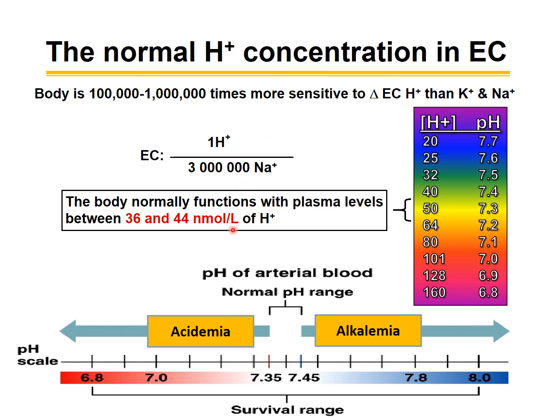The normal proton concentration in our body ranges between 36 to 44 nanomole per liter, not millimole, but nanomole per liter of the hydrogen ion concentration.